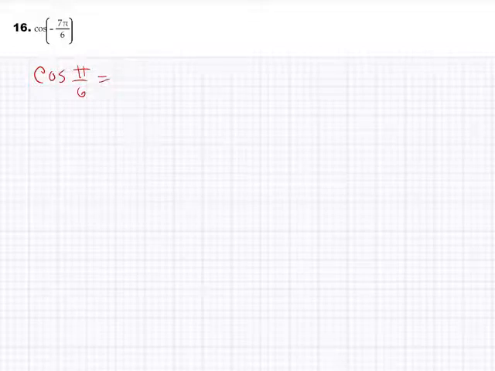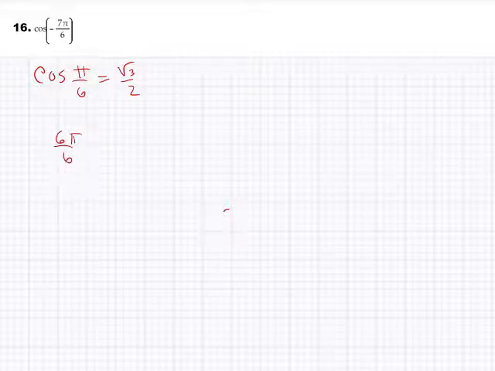Do the same here. We should know that the cosine of pi sixths is square root of 3 over 2. So then we use that to help us find the cosine of minus 7 pi sixths. If you think of 7 pi sixths, we should know that 6 pi sixths is the same as pi. So 7 pi sixths should be pi sixths further than that, but it's negative.